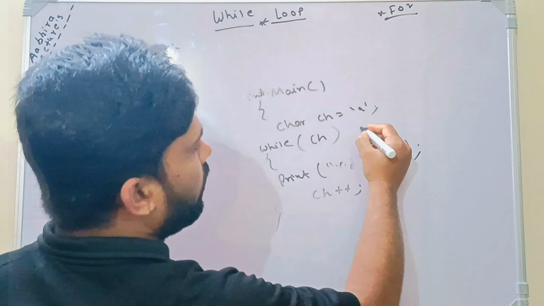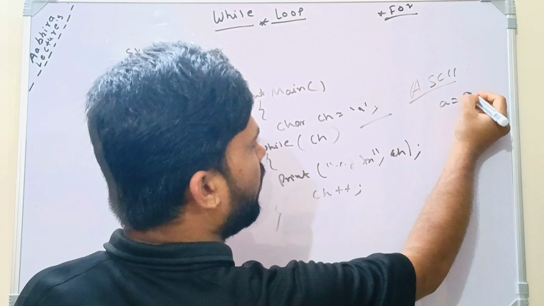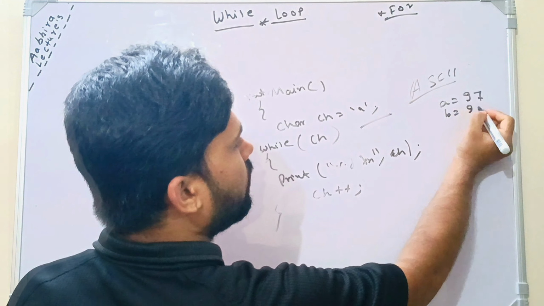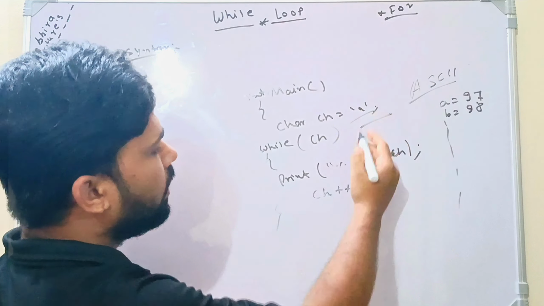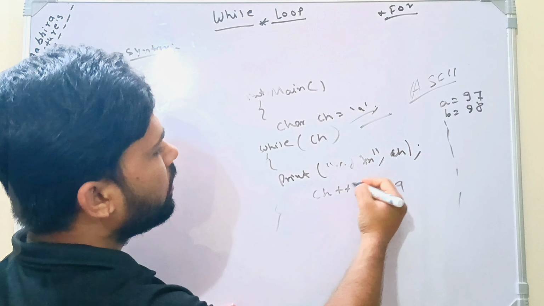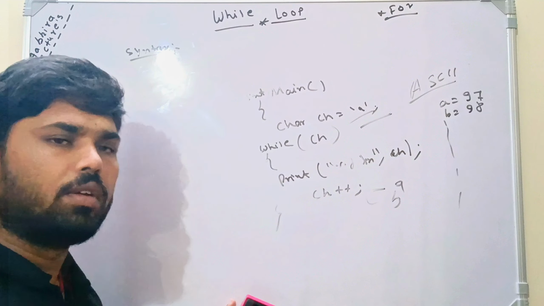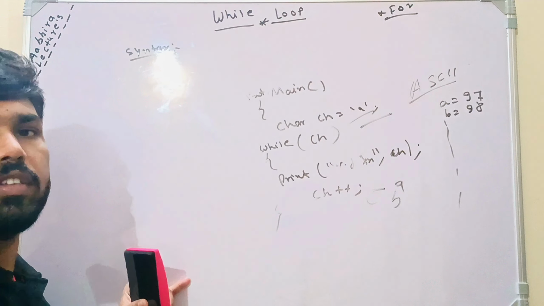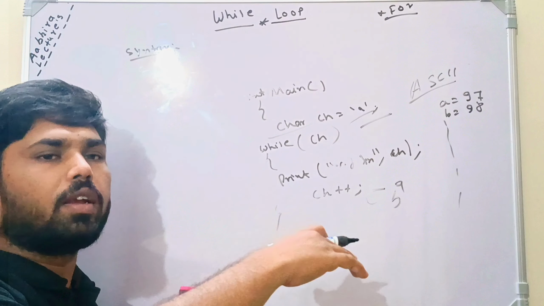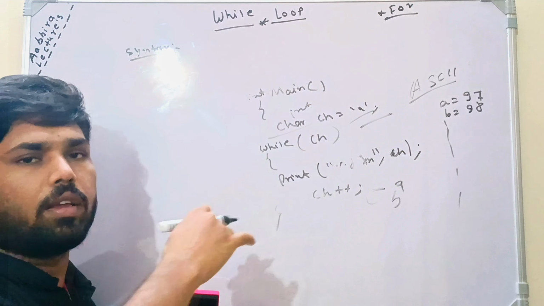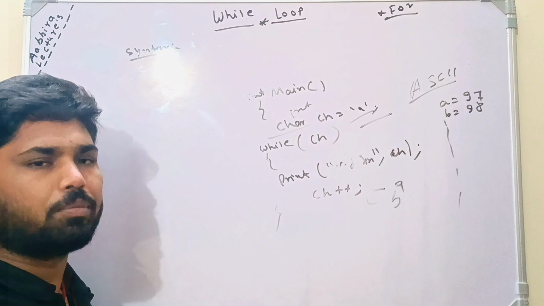Here it will print the ASCII value. The ASCII value of a is 97, b is 98, and like that it will go. It will print first a, then the increment will happen, then b, whose ASCII value is 98, and so on, up to the size of a character. In the integer example we gave the size of integer. So this is the while loop.